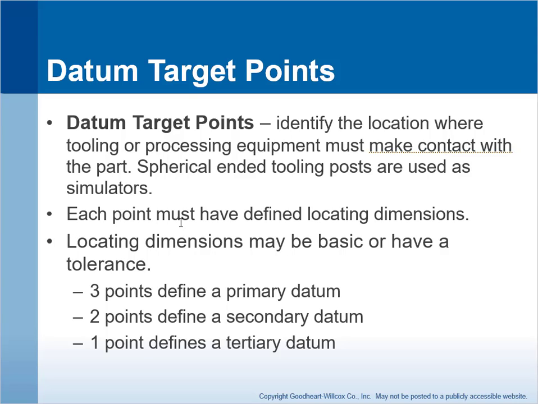Each point must have a defined locating dimension, so you need to define all of the points if you're using datum target points. A locating dimension may be basic or have a tolerance. So 3 points define a primary datum, 2 points define a secondary datum, and 1 point defines a tertiary datum.